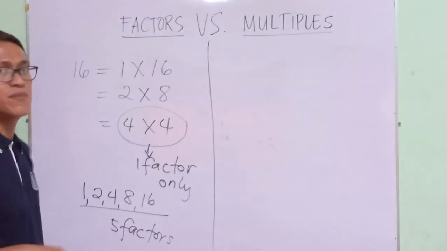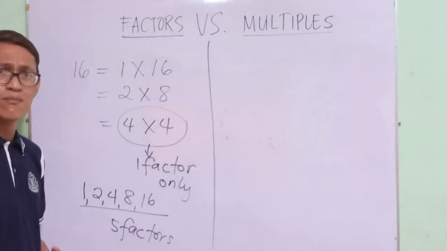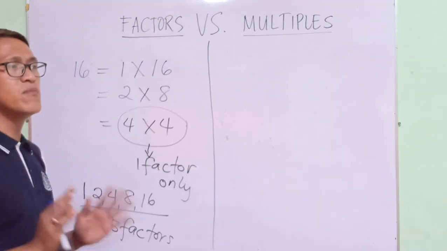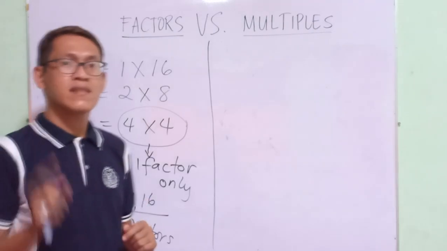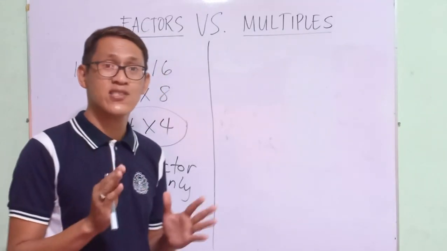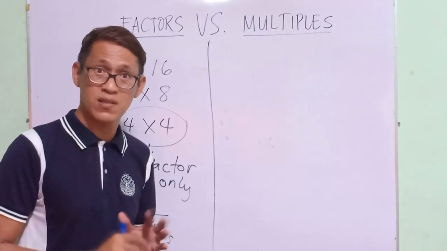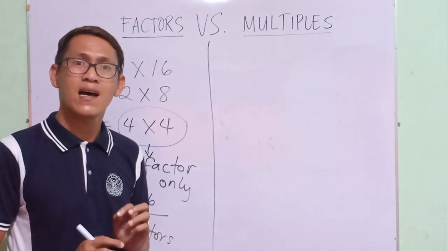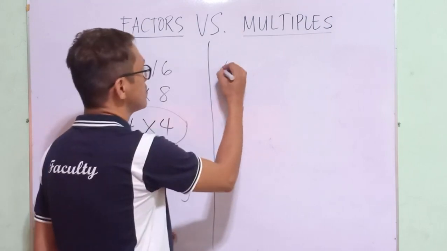Now let's go to multiples. How do we get the multiples of a number? Well, if you multiply two numbers, the product or the answer can also be called multiples. Let's get the first multiples of number 4.